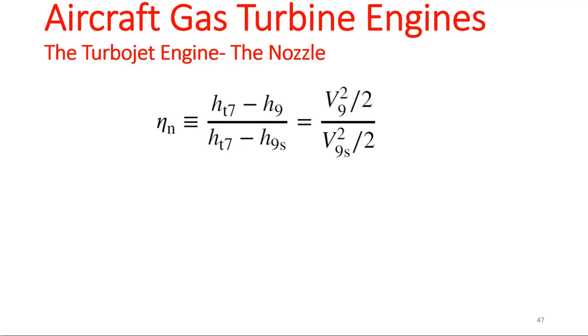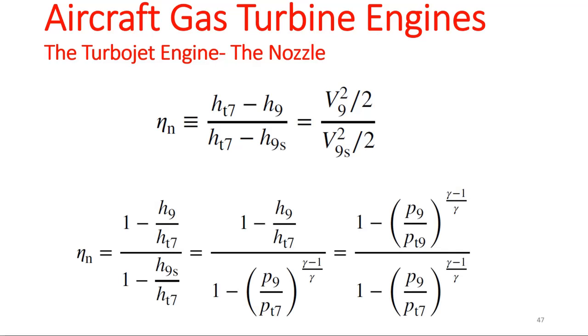Okay. So let's divide the efficiency equation by HT7. We can have 1 minus HT9 if you divide it by HT7. We can have 1 minus H9 divided by HT9 and 1 minus H9S divided by HT7.